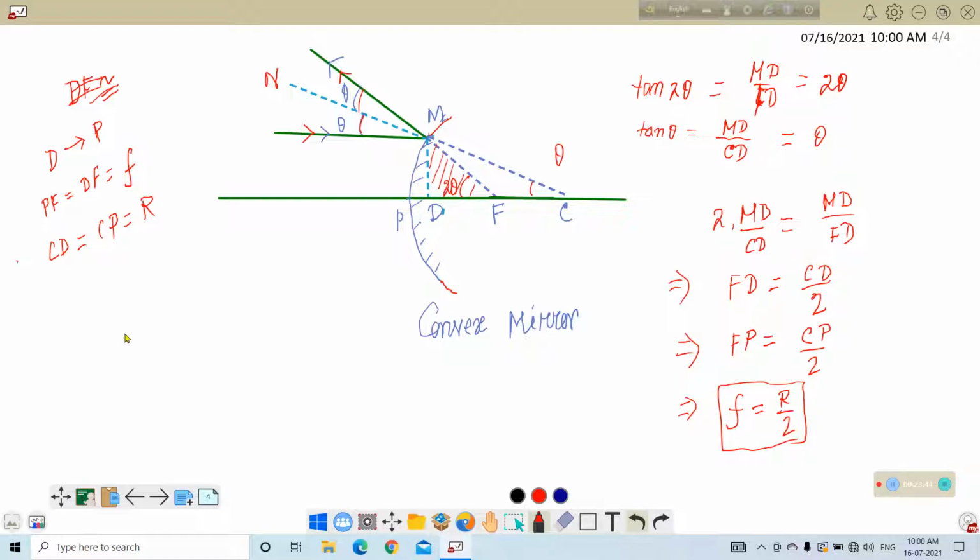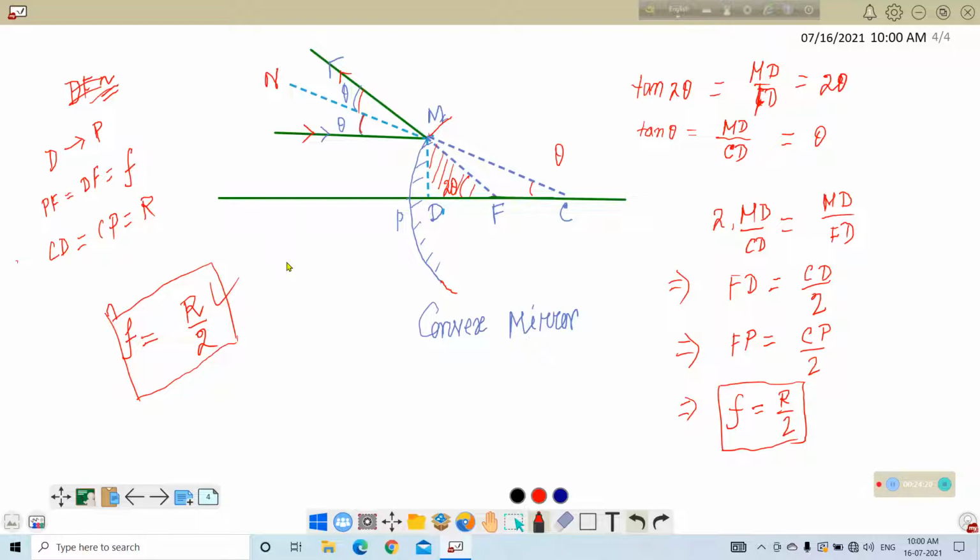So this principal focal length is equal to radius of curvature by 2. This is true for concave and convex, both mirrors, and this principle will be applied in our next video. So you must remember this geometry or this principle to apply this knowledge for the forthcoming lesson, and this is all about this principle.